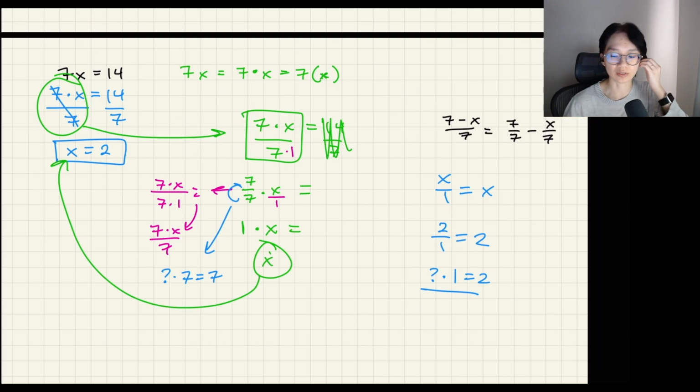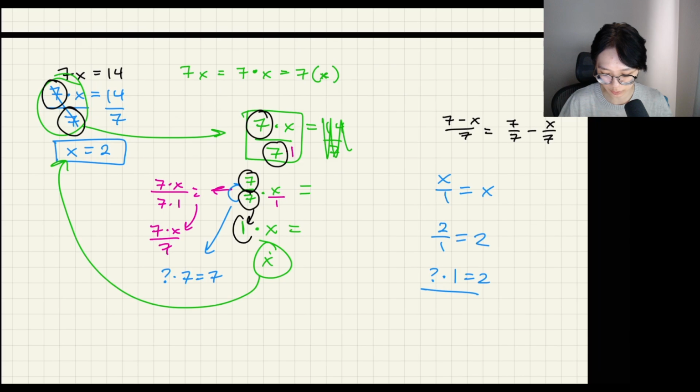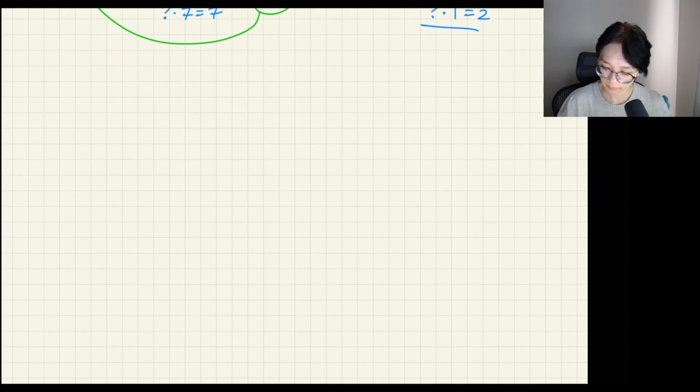Those cancel because there is, quote unquote, 1 on the top and 1 on the bottom, which turns into a 1. And then whatever is left over is what it turns into. So, quick explanation on that.